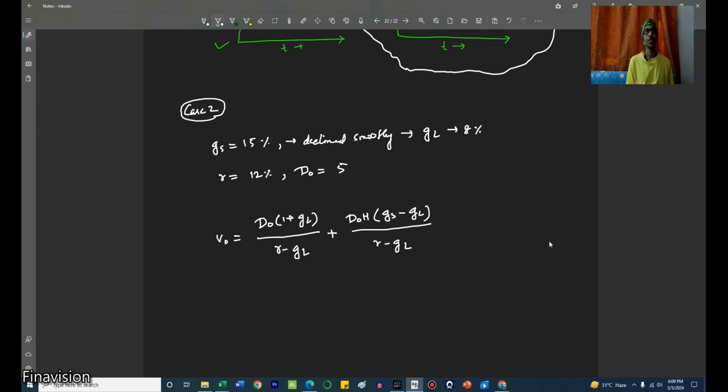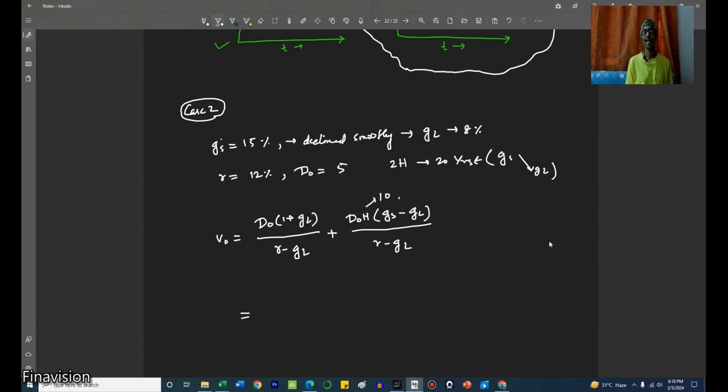This H is basically, so let's say this rate from GS to GL took 20 years to complete. GS down to GL. This happened over a period of 20 years. H is basically half of that. It is the half-life of the higher growth rate. So here H is equal to 10.